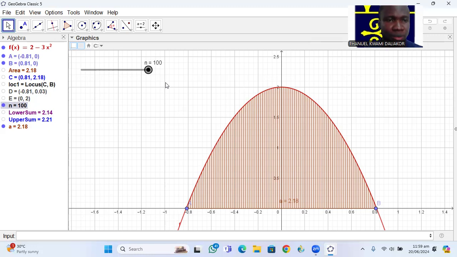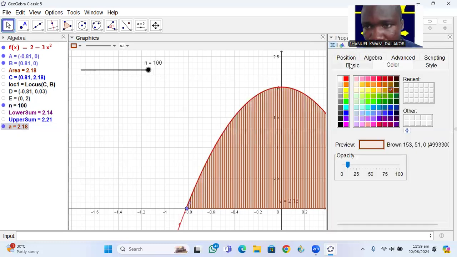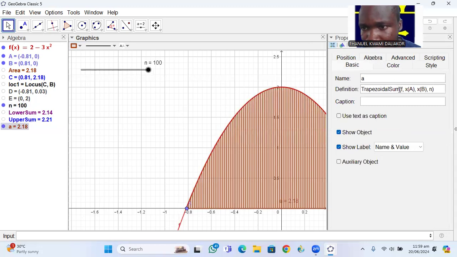So we are running into 2. That means we are right. So when you add the lower sum and the upper sum and divide by 2, you get your trapezoidal sum. So this is our trapezoidal. So we change the name to trapezoidal sum. You do that so that you know what you are doing.